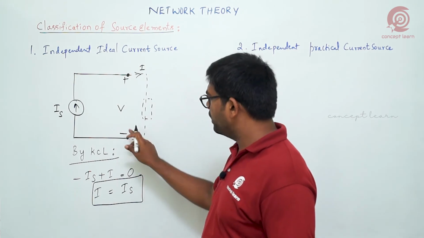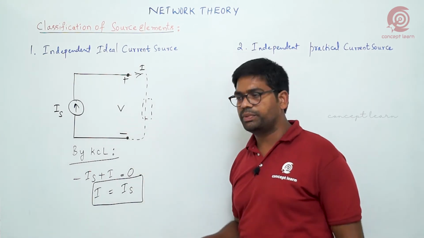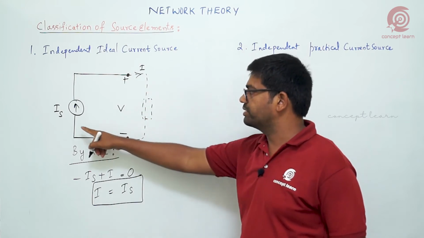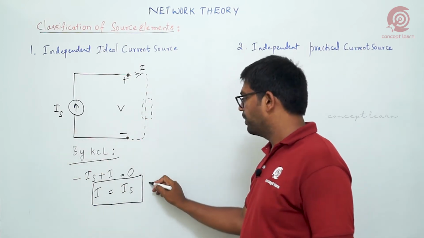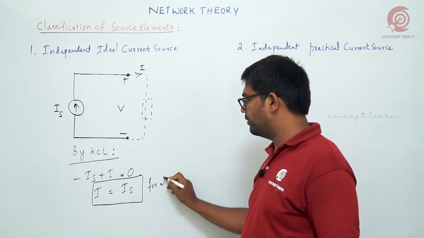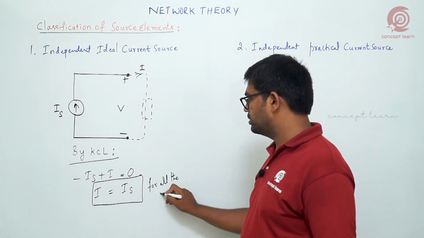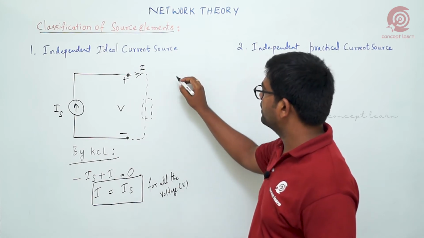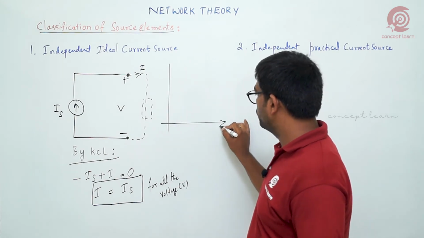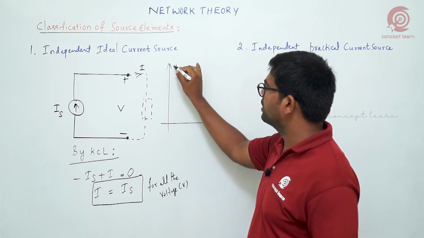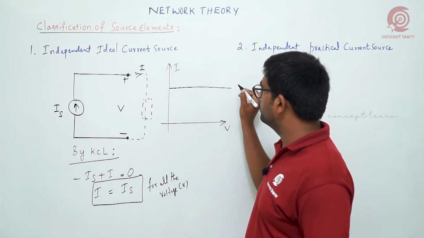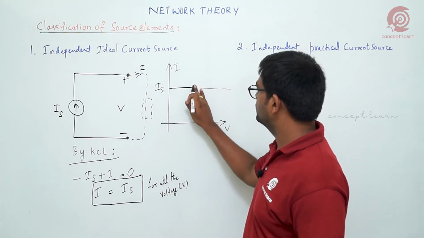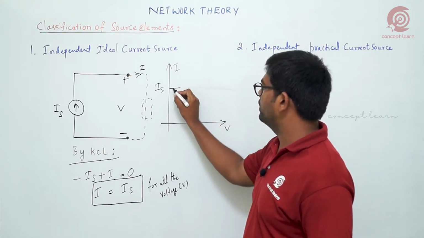You can have whatever voltage across the terminals, but the current flowing through these terminals must always be equal to our source current. So I am writing, for all voltage V, if you draw the characteristics with respect to voltage V for this current I, it is always equal to the source current, just like a step signal.